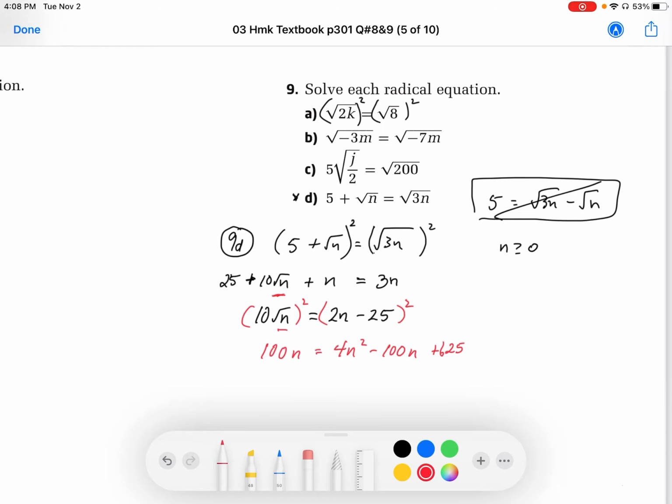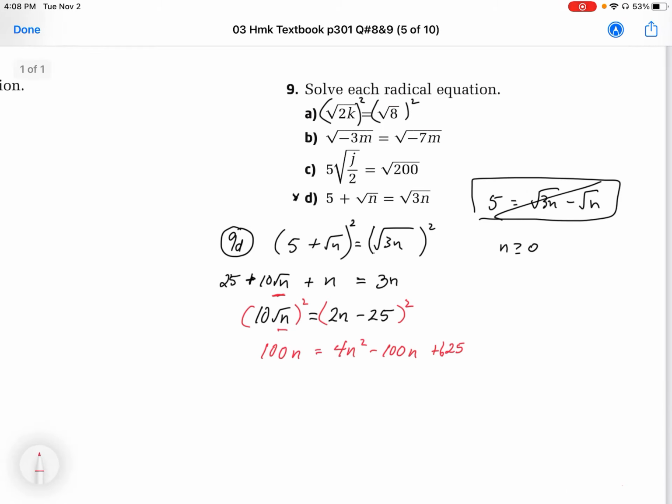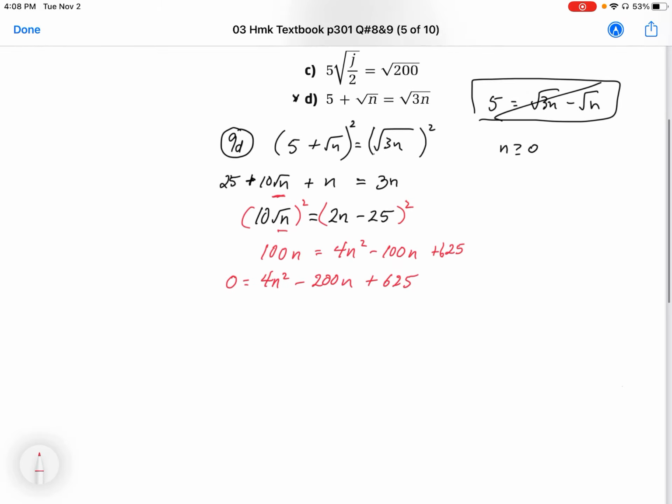So solving this quadratic equation, we're going to make this equal to 0. 4n squared minus 200n plus 625. There's no common factors to simplify. It's a quadratic equation. I could try to factor this, but I don't think it's factorable.